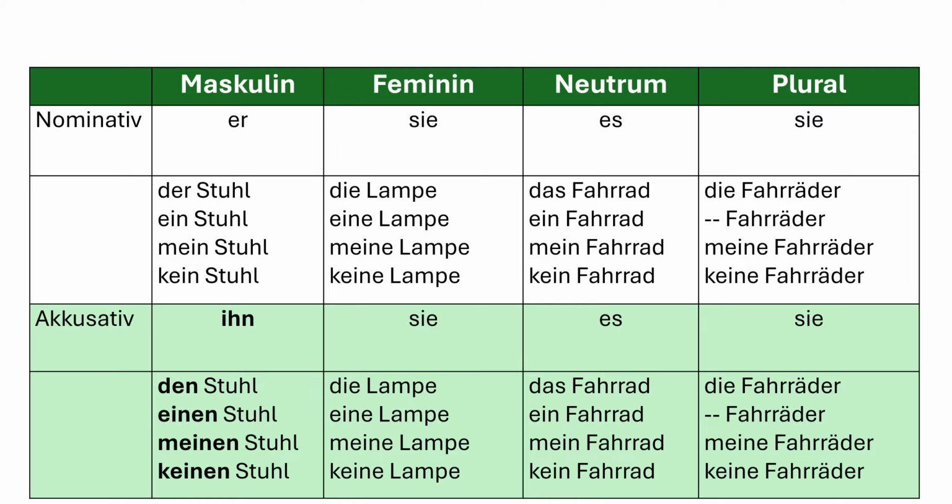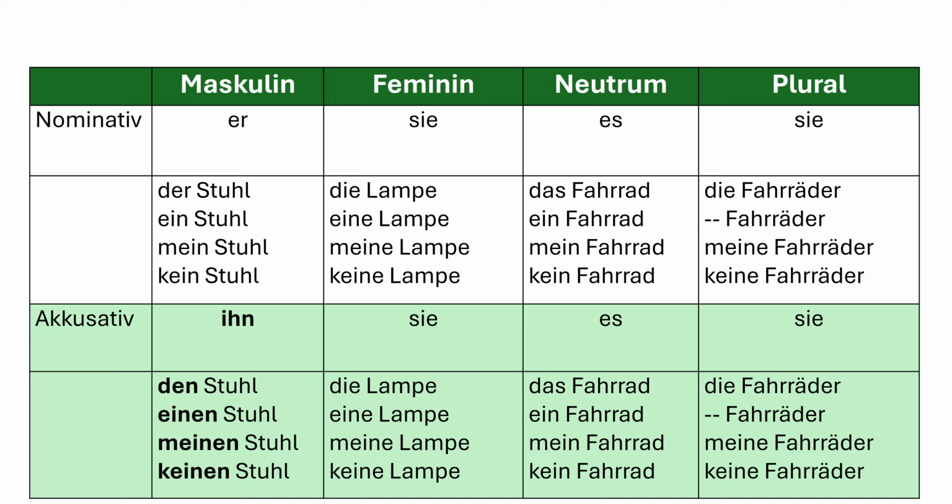It hopefully is probably not intuitive, but it follows the same ending patterns as ein and kein, right? So this is what's called a possessive pronoun. So mine, my chair, your chair, their chair, our chair.